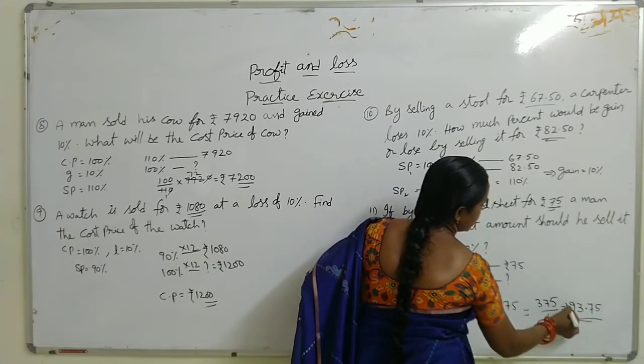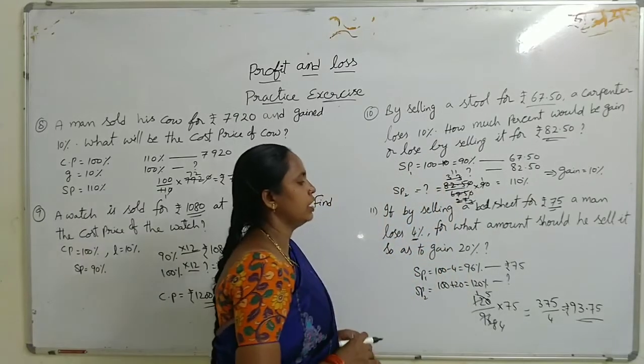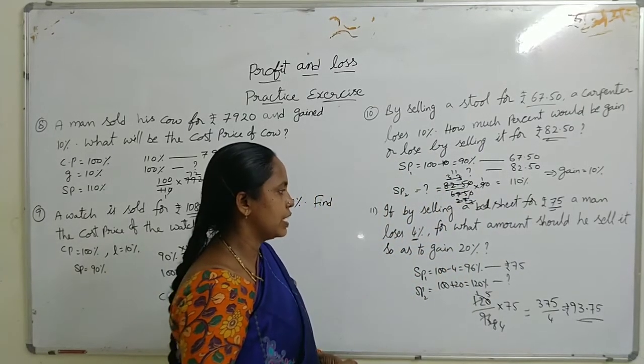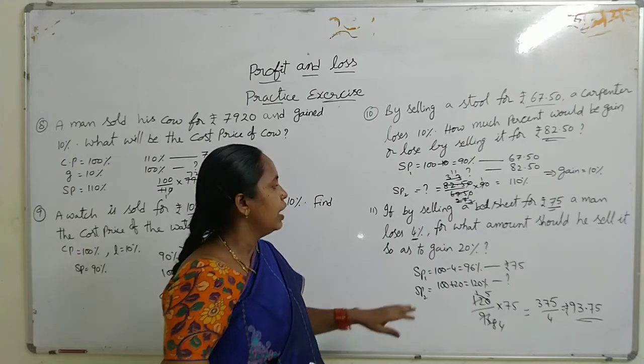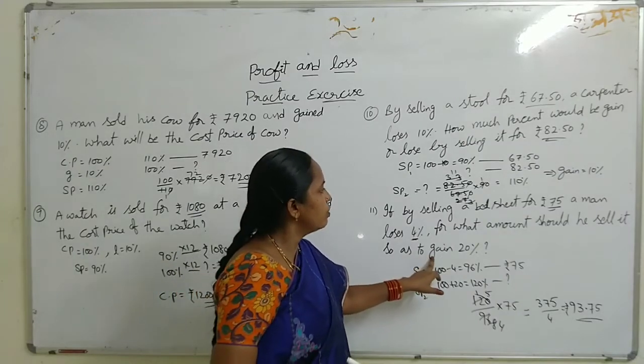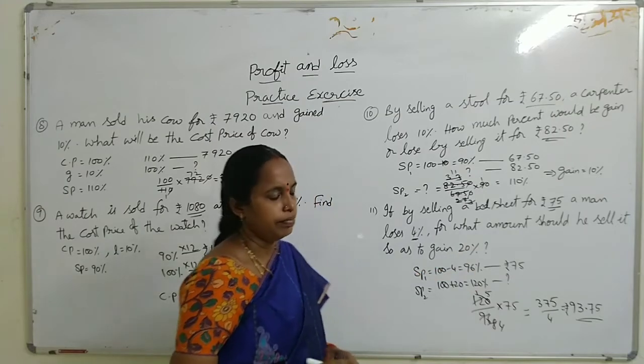That is SP2 is 93 rupees 75 paise. That means when sold at 93 rupees 75 paise, he would get a gain of 20%.